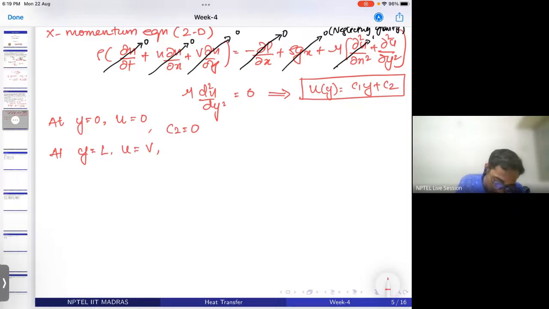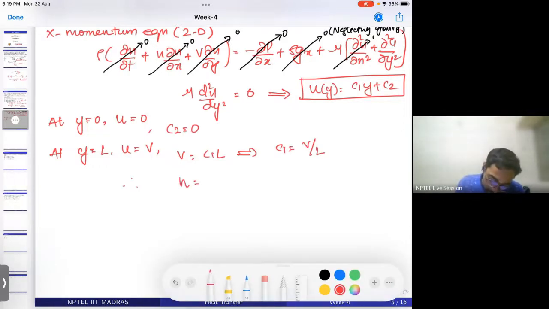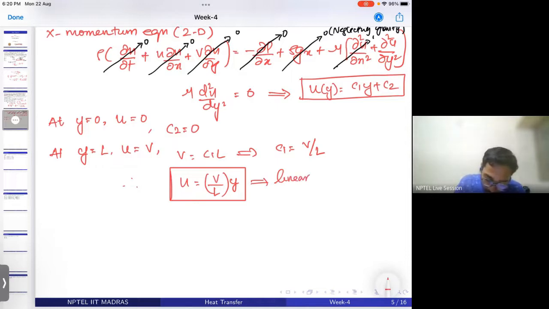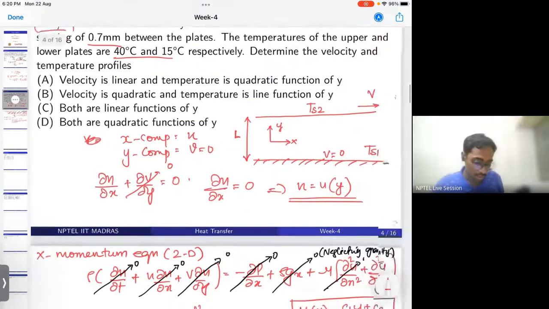So V is equal to C1 times L. So we will get C1 is equal to V by L. So we can write the velocity profile: u is equal to V by L times y. So this is the velocity profile. We get a linear velocity profile. Okay. So the first part of our question is completed.